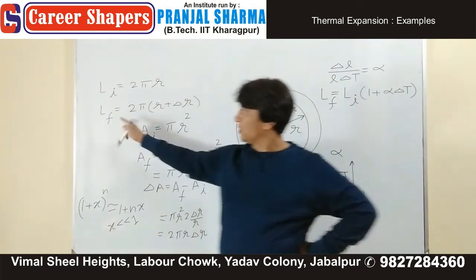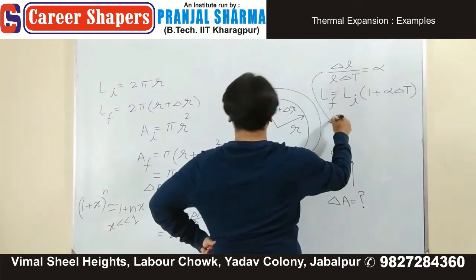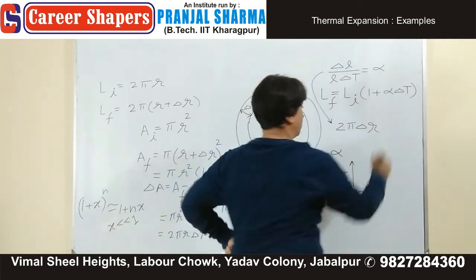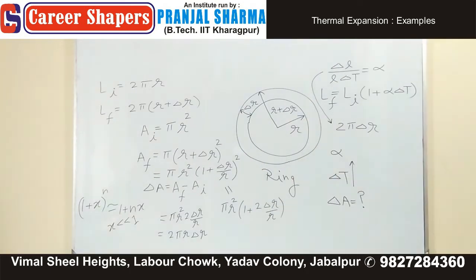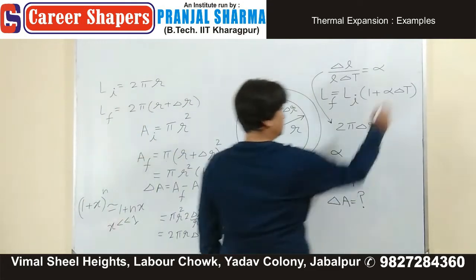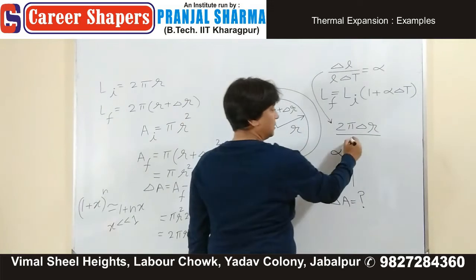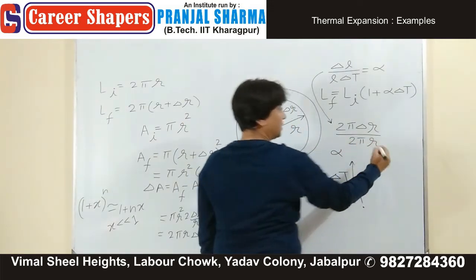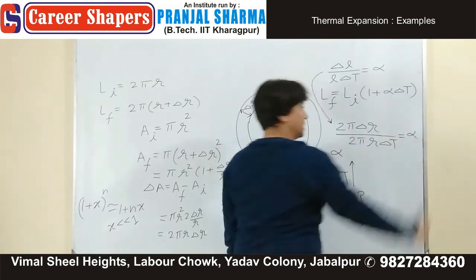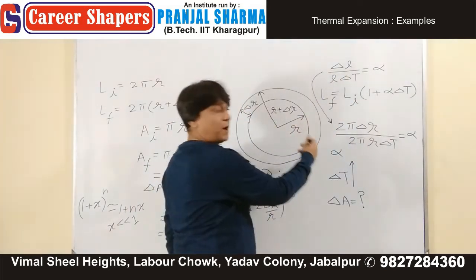So L final minus L initial is 2 pi delta r, and this, divided by the original length 2 pi r and by delta T, is alpha. 2 pi and 2 pi cancel.